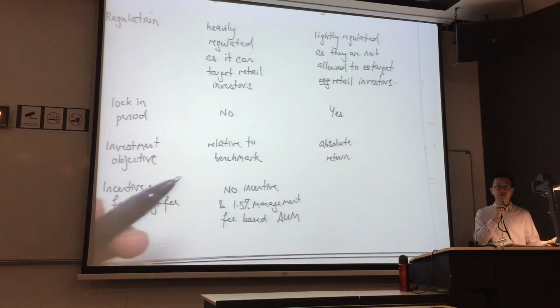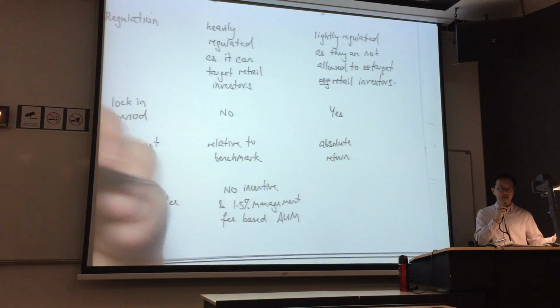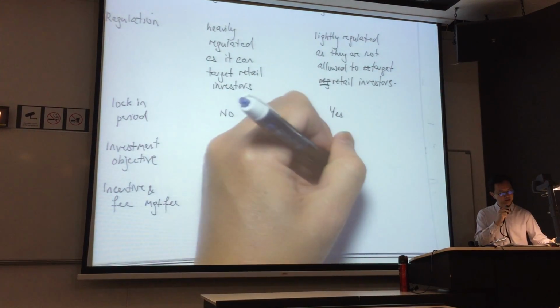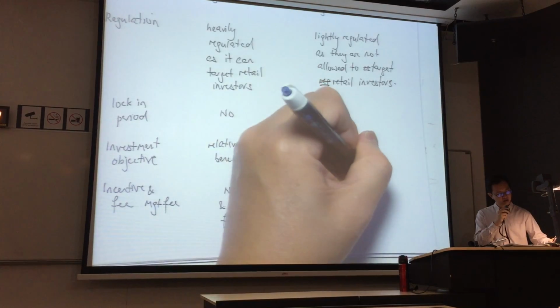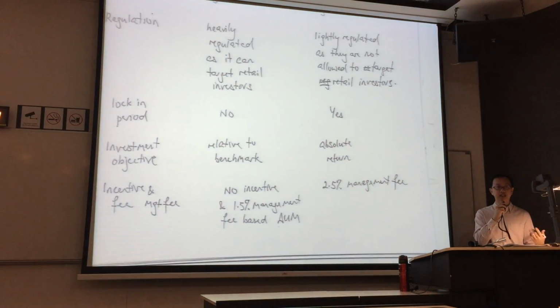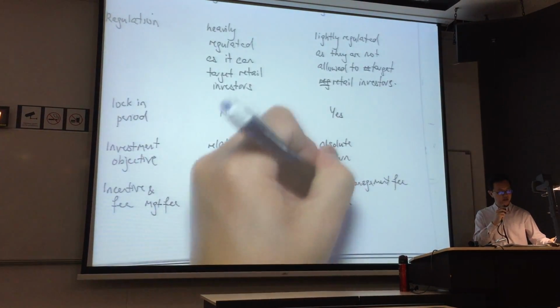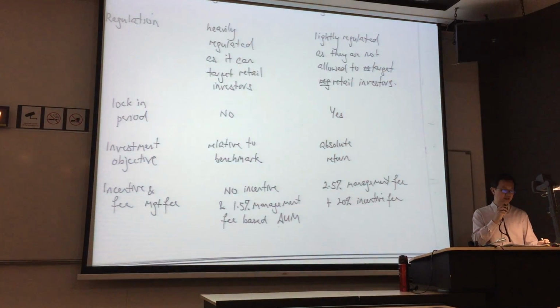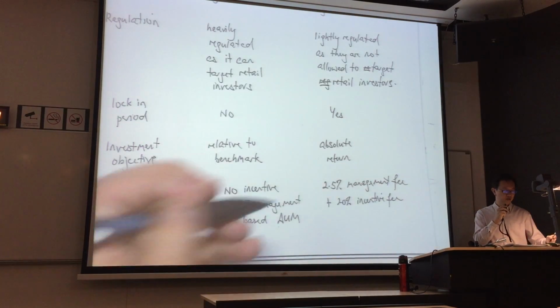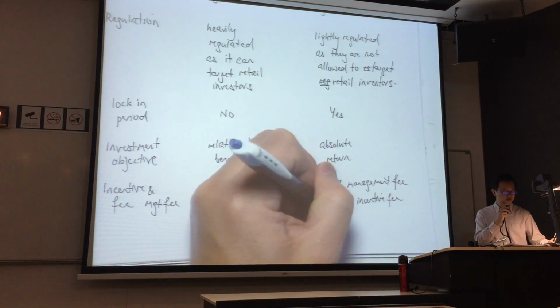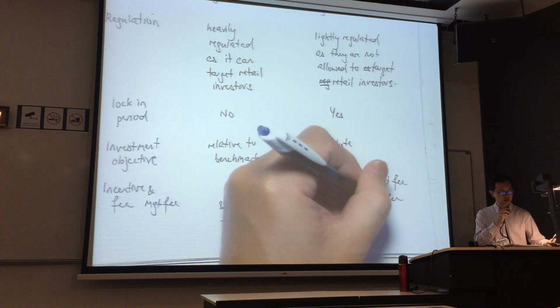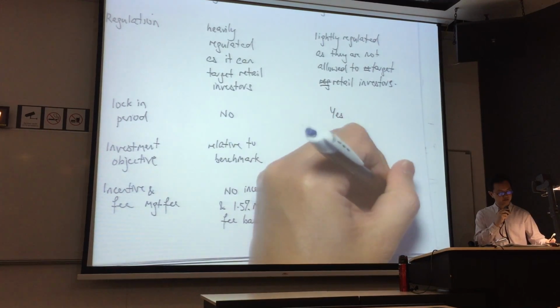But for a hedge fund, the management fee can be quite high. Typically it is around 2.5% management fee, again based on assets under management, plus usually a 20% incentive fee above the absolute return target.